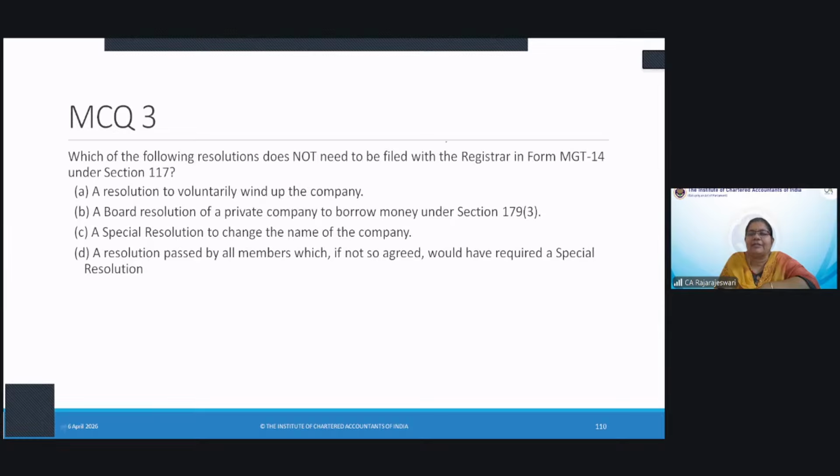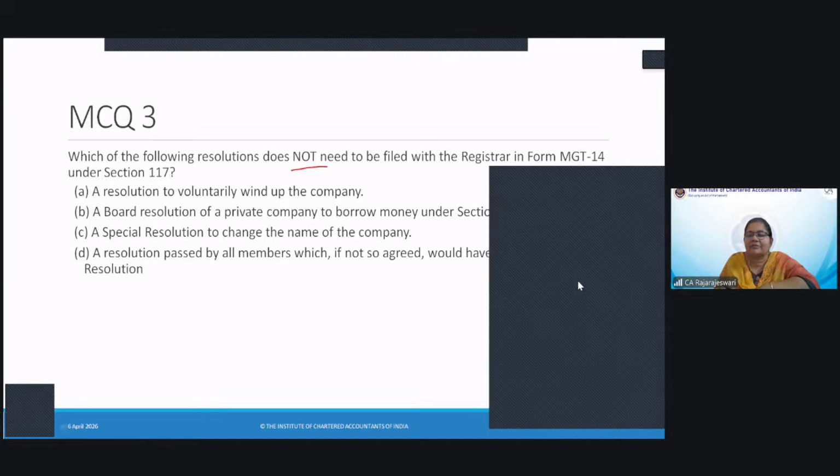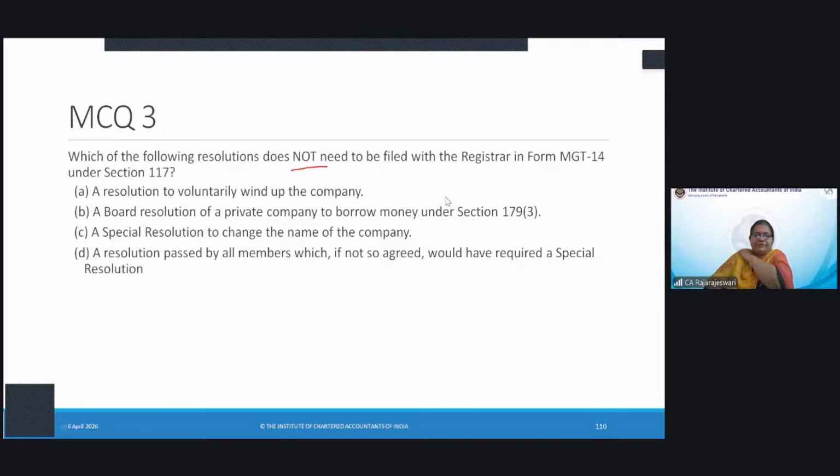I think you have not read the question carefully. Not need to be filed, meaning you need not file the resolution with the registrar. There is no requirement. Read it again, because you have to read the provision carefully.